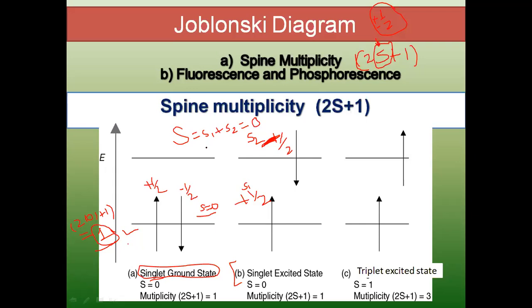Then put this value in the spin multiplicity equation, म्हणजे हे 2S plus 1, again it is equal to 1. So it is called the singlet. Again it is the singlet excited state.